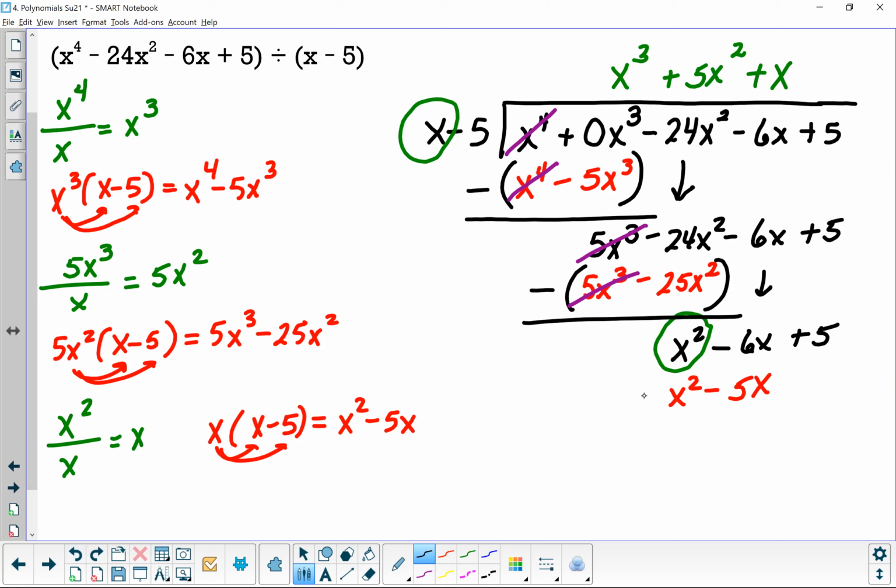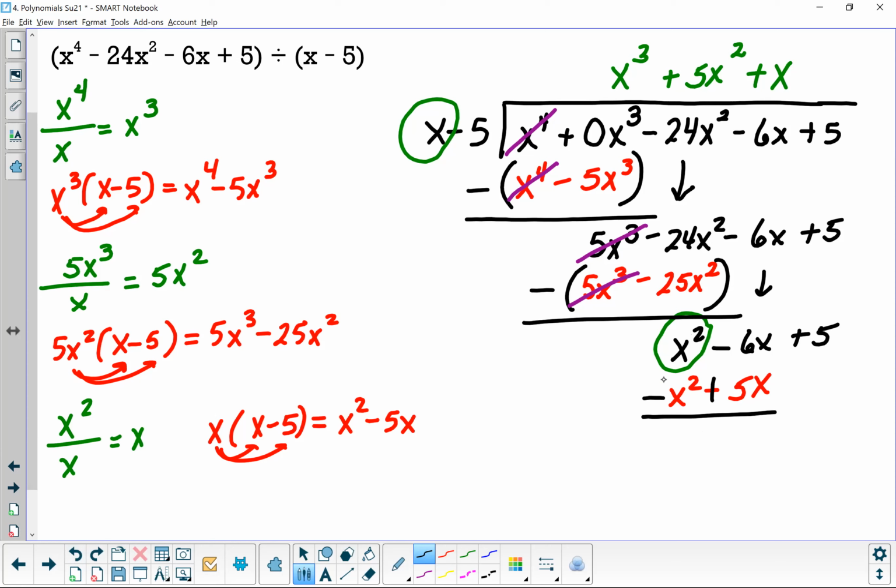And so I know I'm going to subtract the x squared, and since we have minus 5x, essentially that's going to become plus. And that's how I take care of the subtraction. It's easier for me to look at it this way in a more simplified format as opposed to the minus in the parentheses.